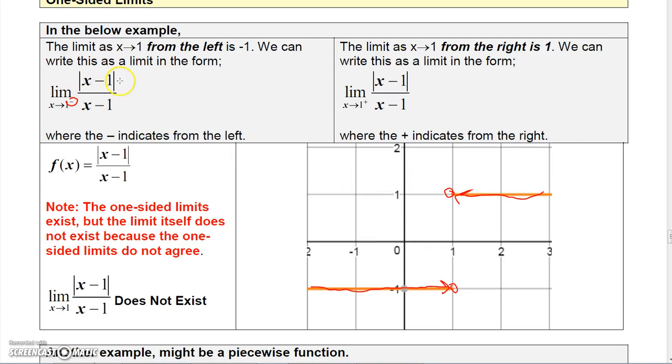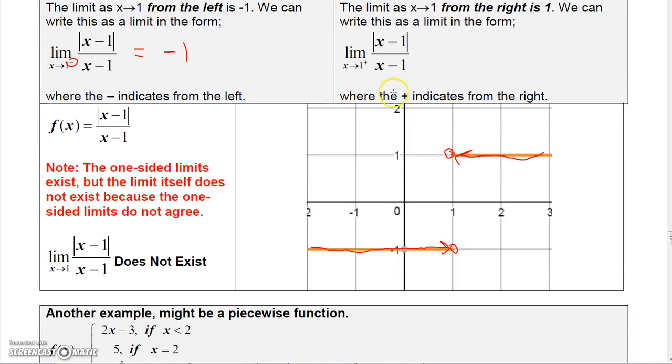So this limit would equal negative 1. Okay, but if you look at this other one-sided limit, we're approaching 1 from the right. That plus means we're approaching 1 from the right. Well, if we approach 1 from the right, notice that the function just stays at 1. So this limit is 1.